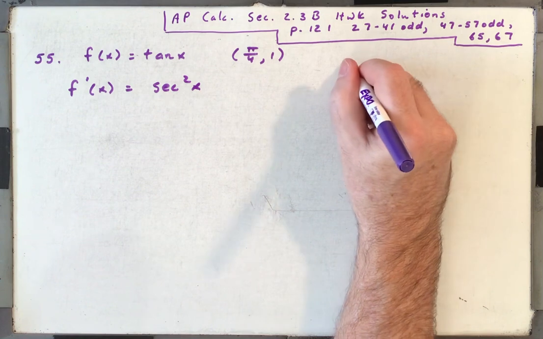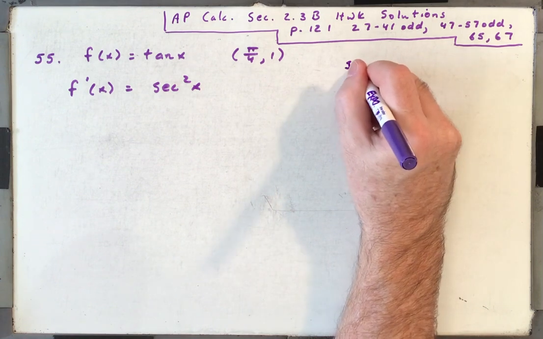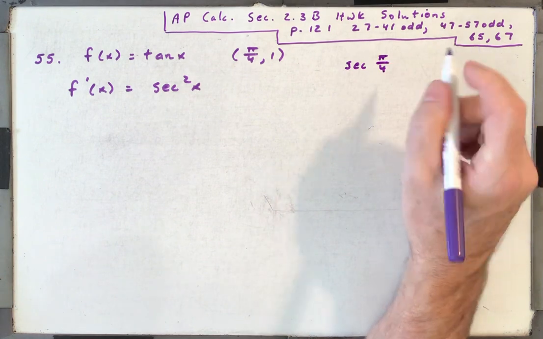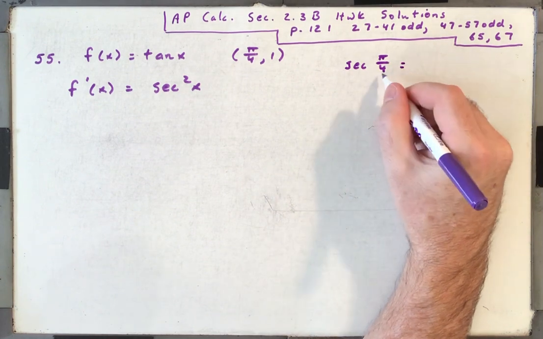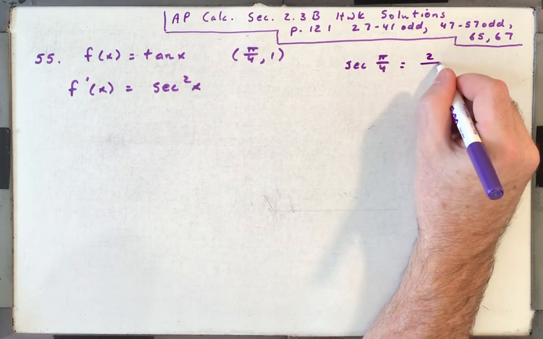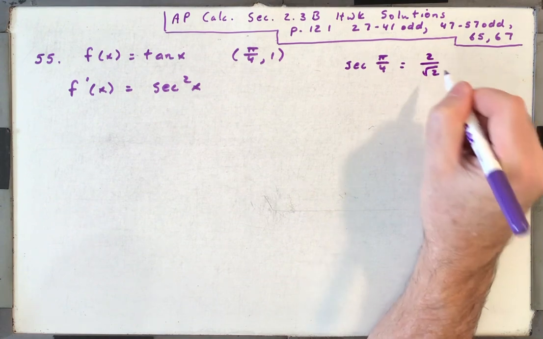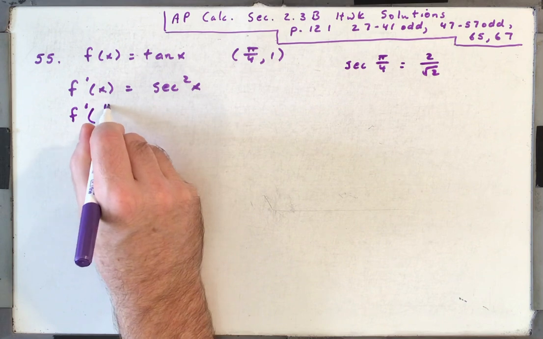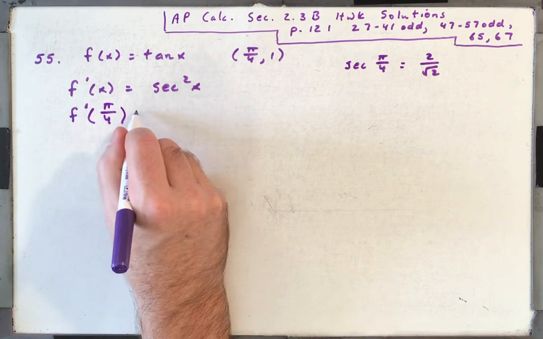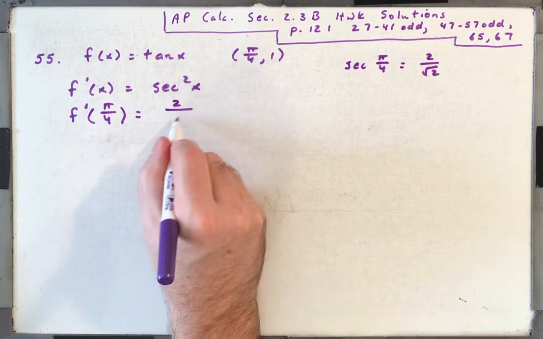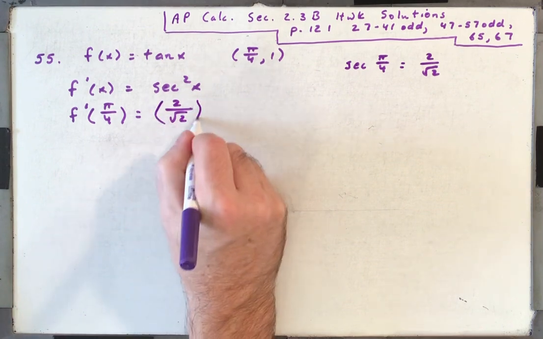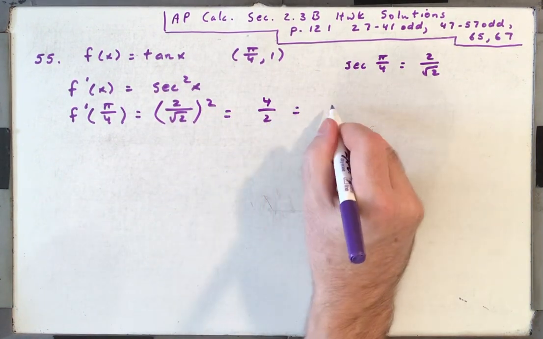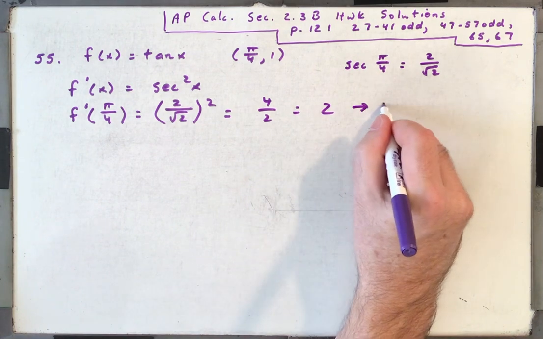So the secant of pi over 4: the cosine of pi over 4 is root 2 over 2, so the secant would be the reciprocal of that, 2 over root 2. So f prime of pi over 4 is going to be 2 over root 2, but you have to square that, all squared. So that's 4 over 2, which is 2. And that is our slope.